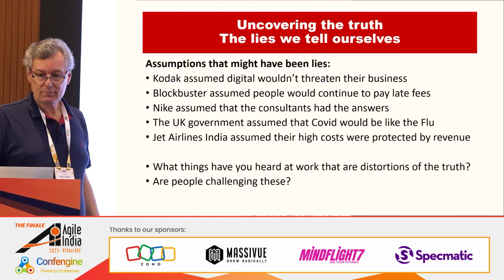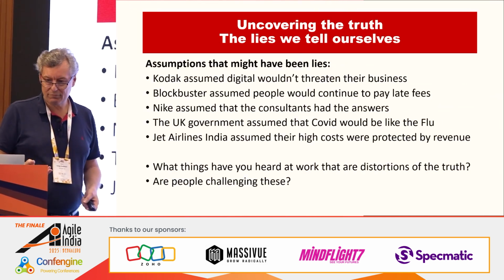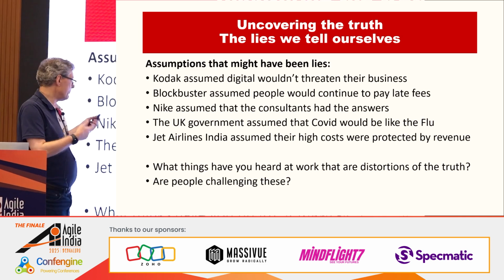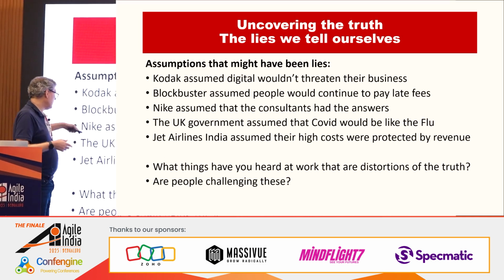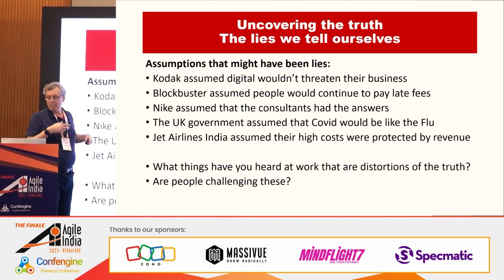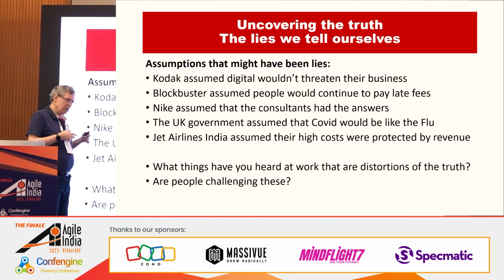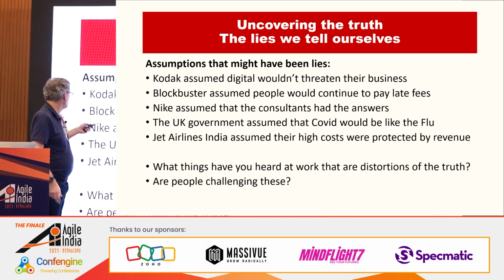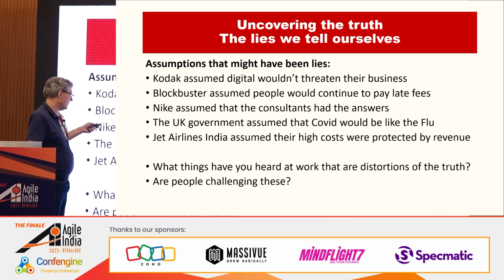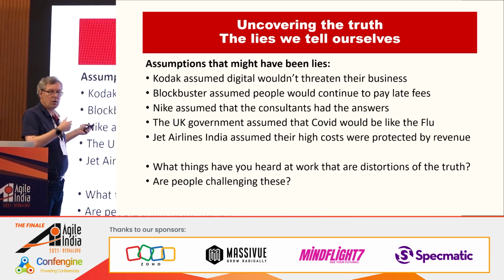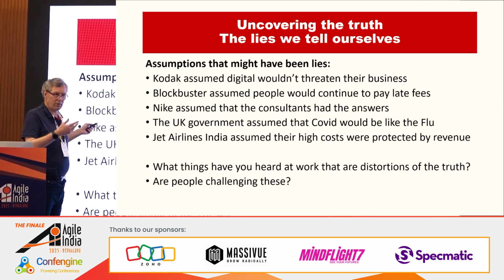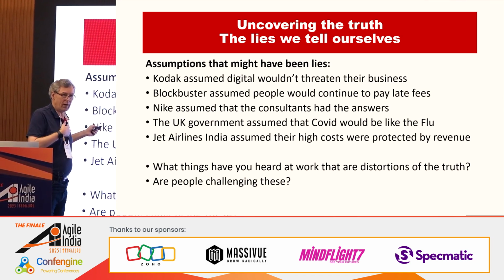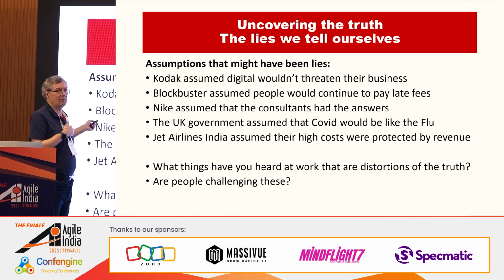So in uncovering the truth, I've used assumptions here because these probably were assumptions, but you could turn around an assumption into what could have been a lie. So Kodak might have told everybody, we will continue to succeed with film, knowing that actually, because they'd invented digital cameras, that was coming down the road.